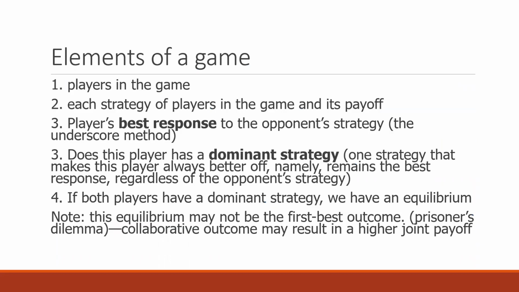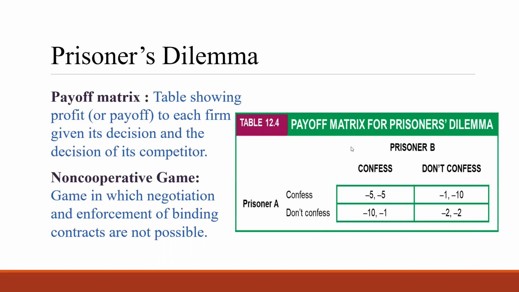There are two prisoners under interrogation, and they are interrogated separately. Now, each prisoner is blindfolded of the other prisoner's behavior, and they are making their decision on whether to confess or not simultaneously.